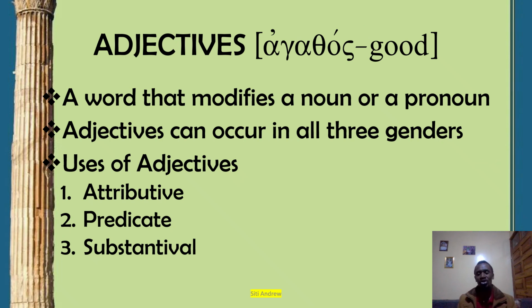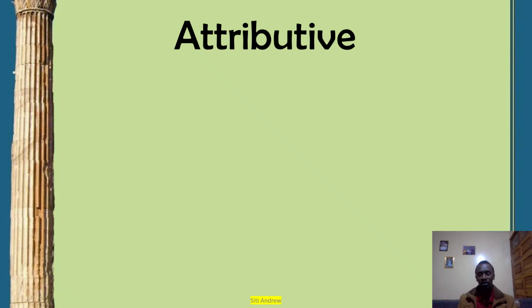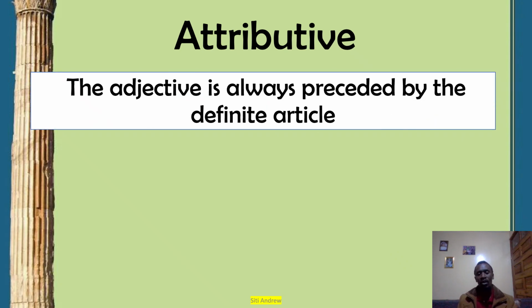I want us now to look at some of the examples that show us that when you see an adjective, you can easily detect and know what kind of adjective this is. How is it used? Is it an attributive one or predicate one or substantive? To begin with, attributive is that the adjective is always preceded by the definite article.